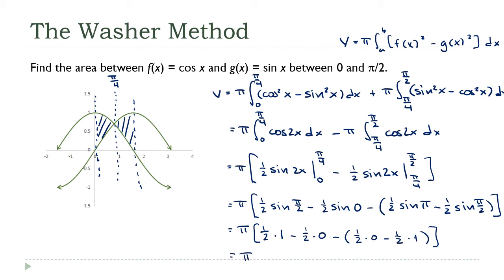We should be able to get to the final result now, right? This is 1/2 minus 0 plus 1/2. Hey, 1/2 plus 1/2. That's just pi. Right, there you go. So that's my volume. Pi. We don't usually concern ourselves too much with units, but obviously it would be cubic, right? So pi cubic units.